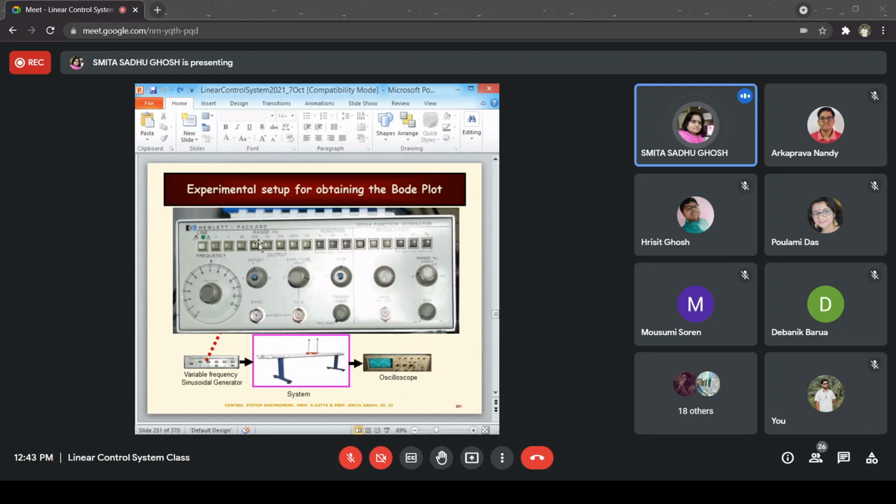For this sinusoidal waveform generator, the range is specified in hertz. So you see 1 hertz, 10 hertz, 0.1 hertz, 100 hertz, 1k, and so on. You specify the range, and then 1 to 10 on this side. You select a combination of these values, and that will give you the frequency of the excitation signal.